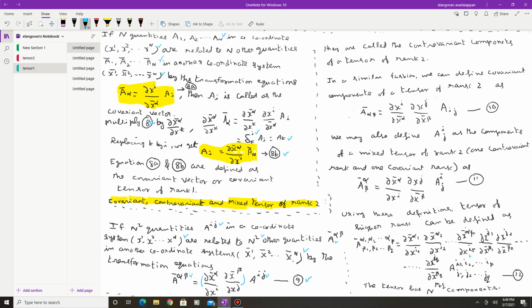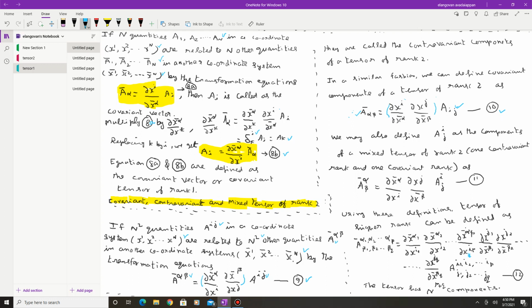A alpha beta bar is equal to partial xi by partial x alpha bar, partial xj by partial x beta bar, times Aij. This is equation 10. If the transformation is of this form, according to equation 10, then Aij as well as A alpha beta bar can be called the covariant components of a tensor of rank 2.